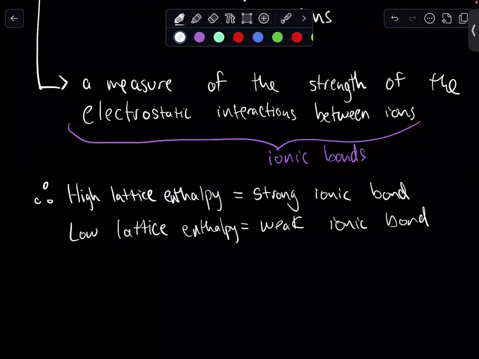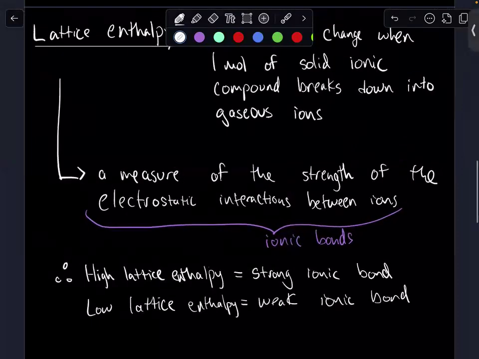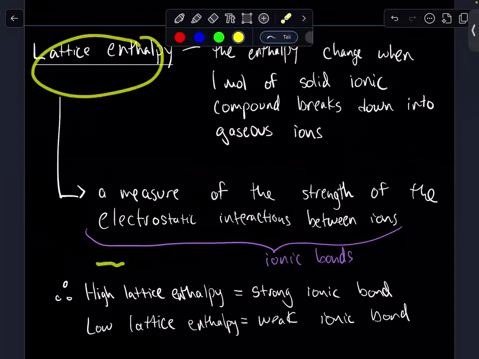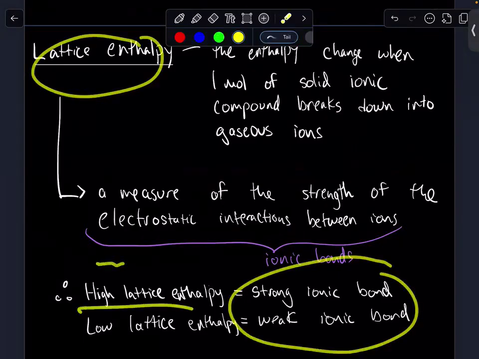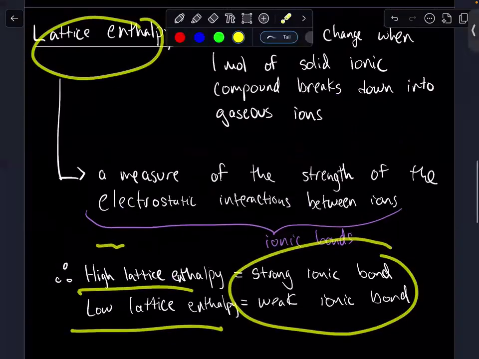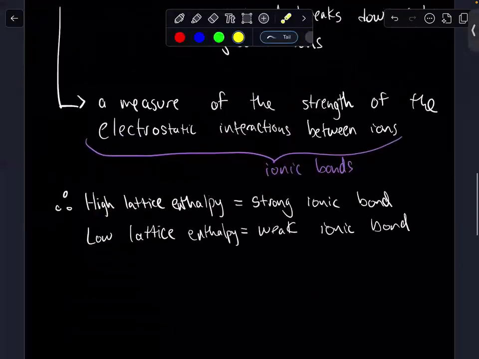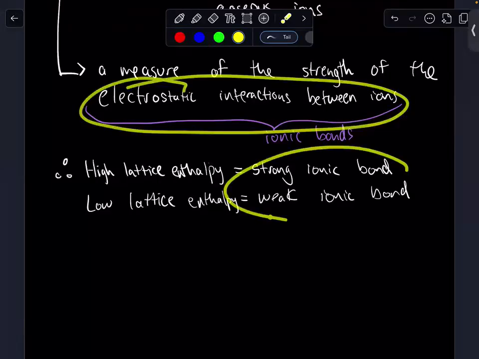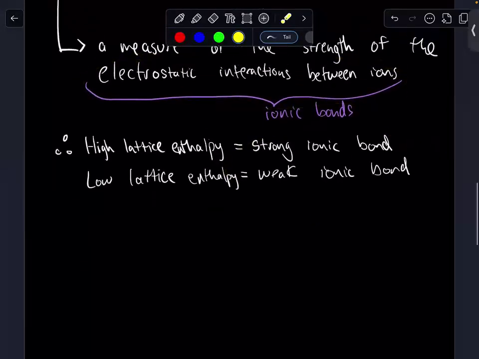So it's pretty easy to see that now if we were able to measure the actual energy it takes, we can figure out the strength of the ionic bond based on whether it's high or low. We can also go backwards. We can predict whether it has a high or low lattice enthalpy based on what we know about the ions. And because ionic bonds are nothing but electrostatic interactions, the thing that determines the strength of that bond is the same thing that determines the strength of the electrostatic interaction.